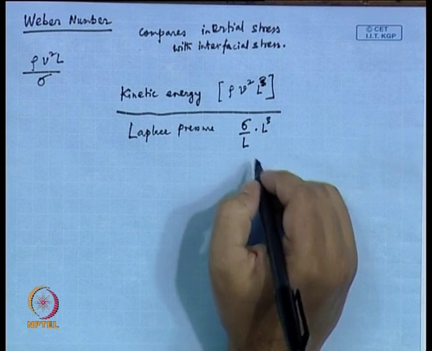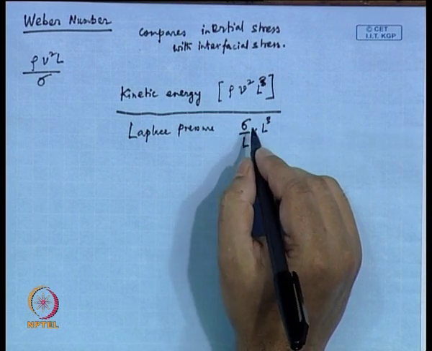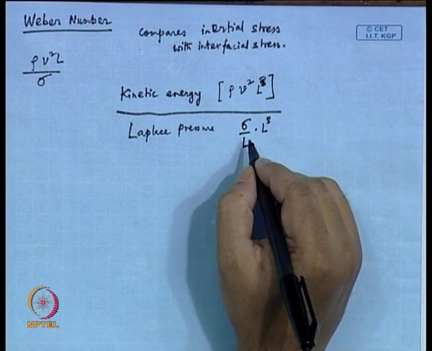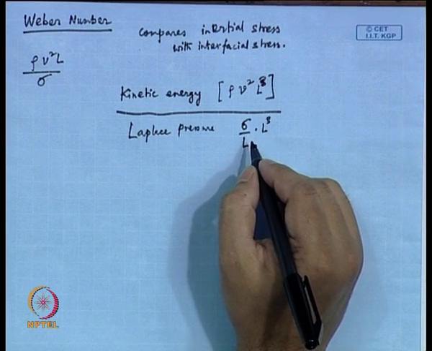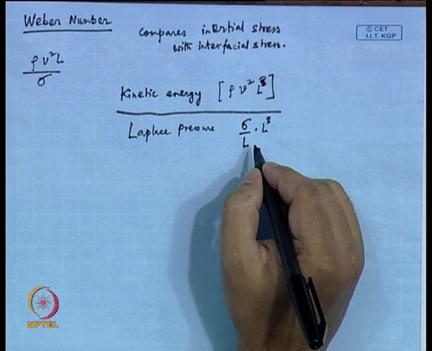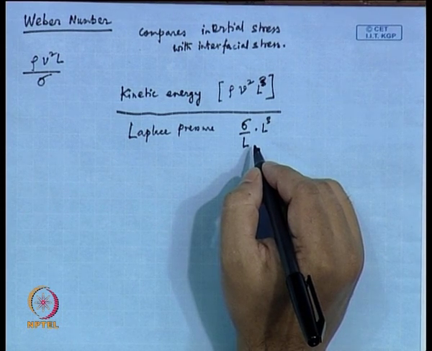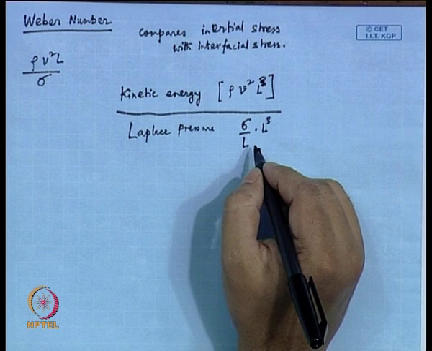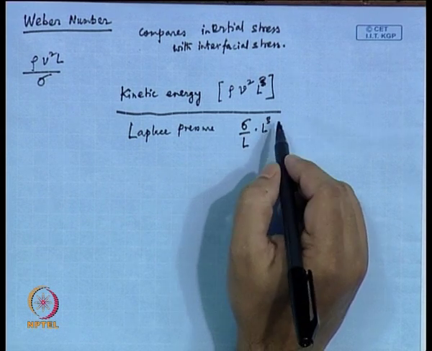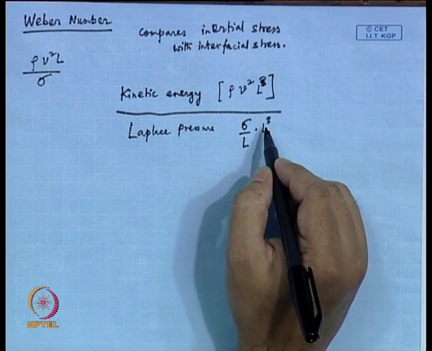Sigma by L is basically the pressure, multiplied by L cube. So, are we talking about the energy associated with Laplace pressure? Probably, yeah, that is what you are looking at.